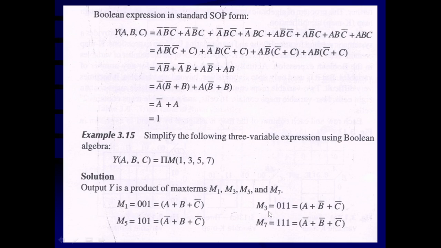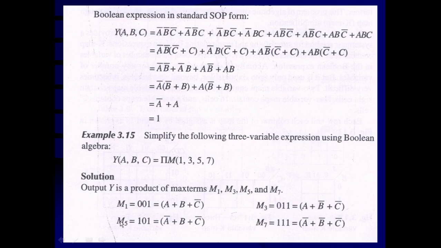Similarly for M3 it is going to be 0, 1, 1 binary. So for 0 the variable A is going to be uncomplemented, so A, or for the middle one variable B is going to be complemented, so B bar will be there, and for this one the variable C is complemented, so it is going to be C bar. So A or B bar or C bar is the max term corresponding to M3.